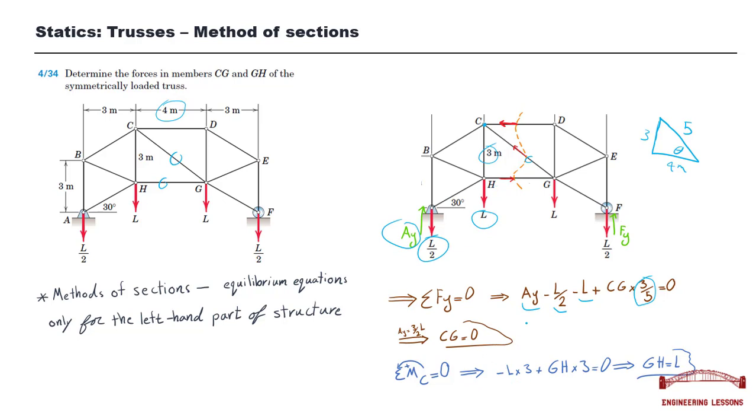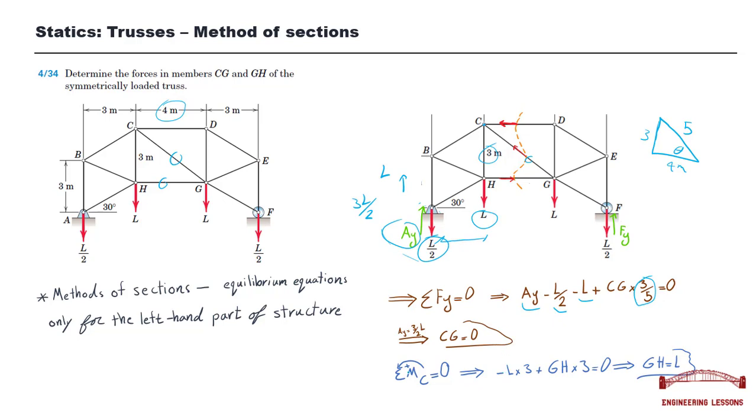The resultant of these two forces, Ry was 3L over 2, so the resultant is L and upward, and L times 3, which is the distance between the force and point C. Why negative?